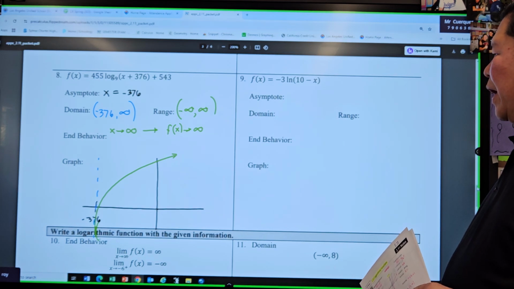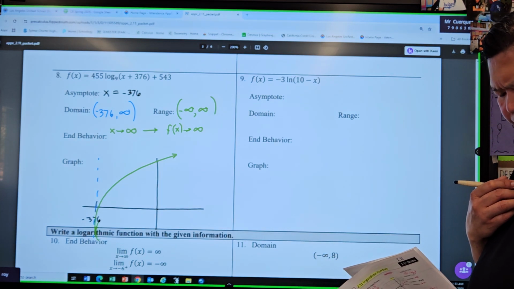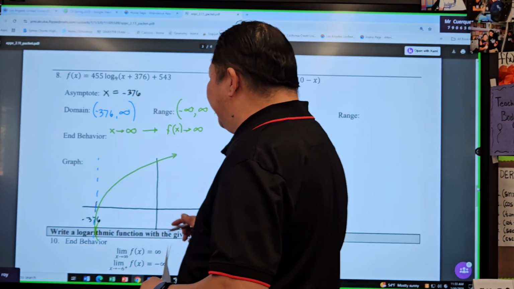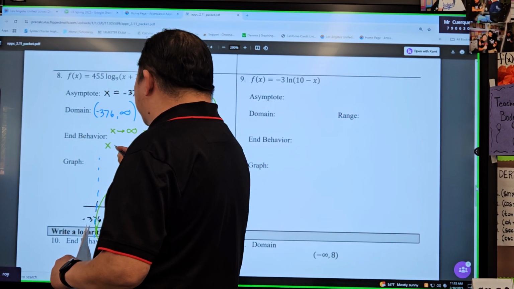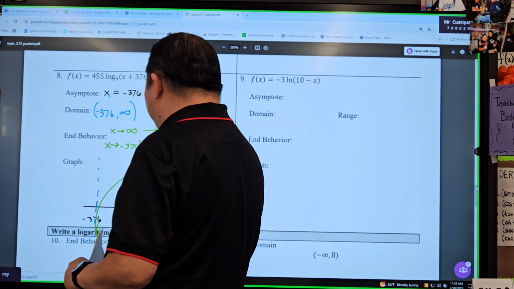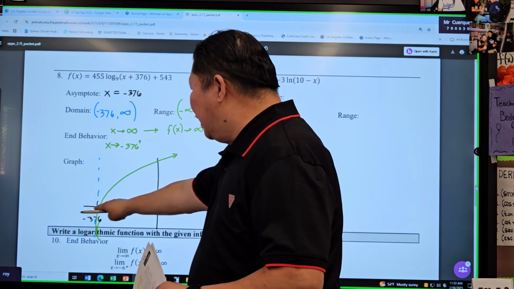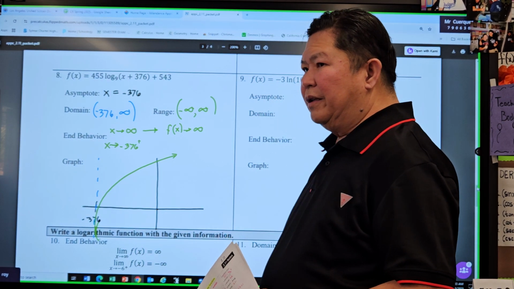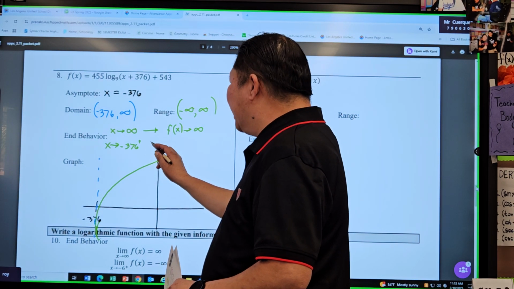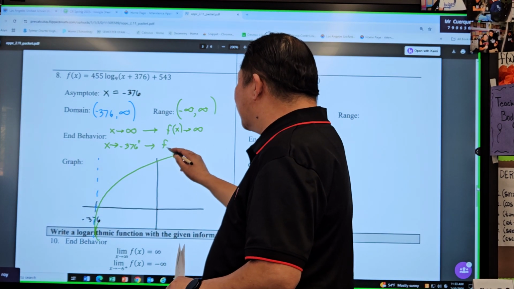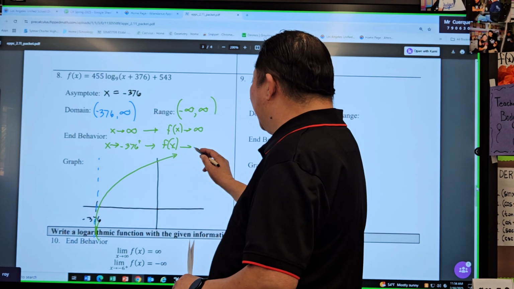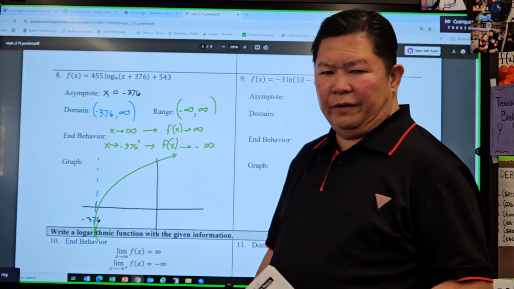And as x approaches the right of negative 376, the function goes where? It goes to negative infinity.